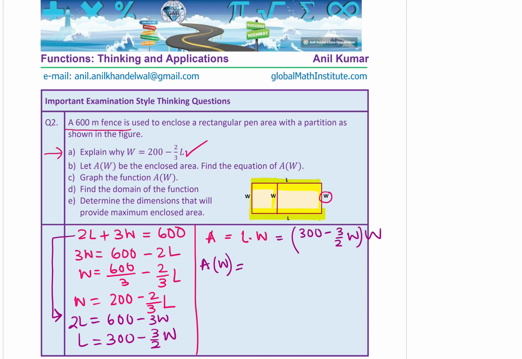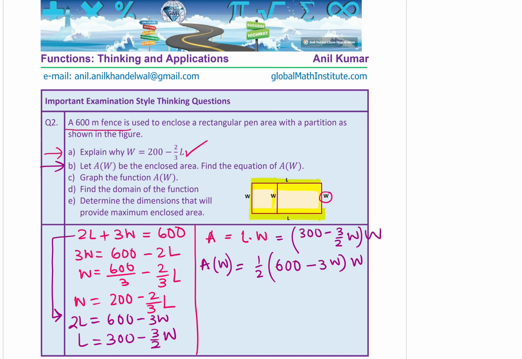You get the idea, right? I'll rather take half outside. Factor this half outside. So we get 600 minus 3W. Is that clear to you? Times W. So that is how I could actually rewrite my equation, and this becomes the function, right? So that is how we'll do part B, which is area as a function of width.